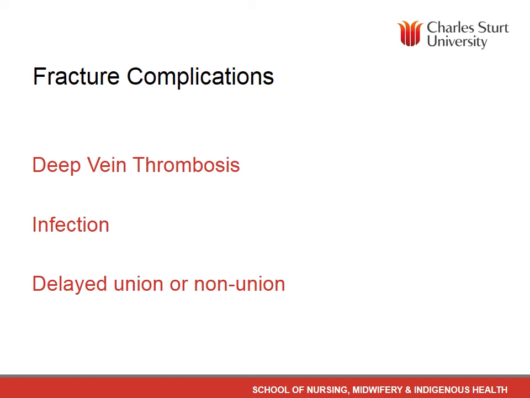Age, so wound healing or fracture healing is more difficult as we get older, as is everything. Immunosuppression, all of those things can lead to non-union or delayed union, and then sometimes non-union can occur. So if that happens, there may need to be further intervention and surgery done.